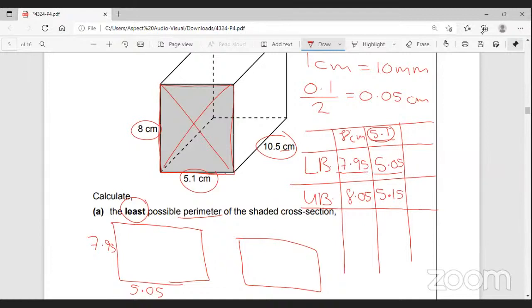So this one, it will be 2 multiplying 7.95 plus the other lower bound again. So the easier way is just add and then you get the answer. And it's 30 times 2.